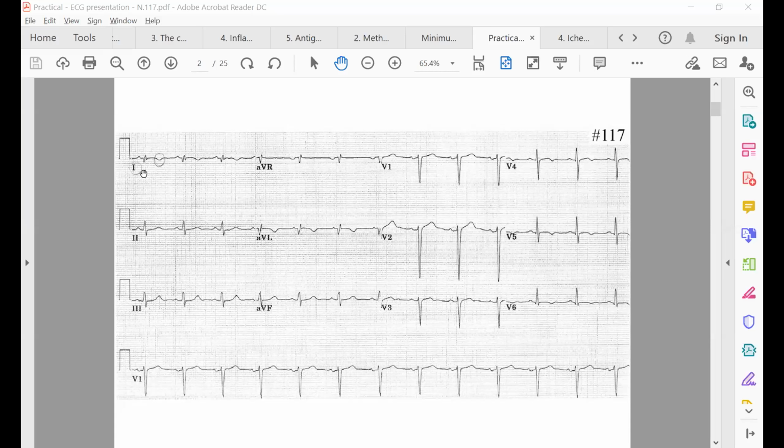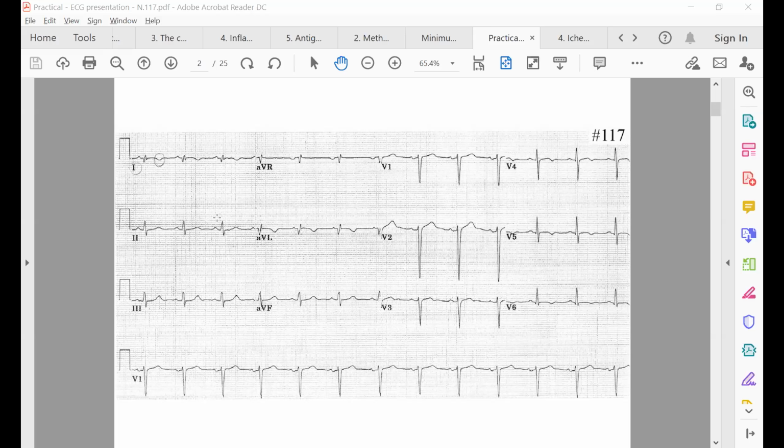Yes. Perfect. So you can see P wave, regular P wave. So it's a sinus rhythm. The rhythm is approximately 75 beats per minute. The axis of the heart, I saw that 1 is about equiphasic, AVF is positive. 2 is a little more positive, so it's closer to 90 degrees, maybe 80 degrees.